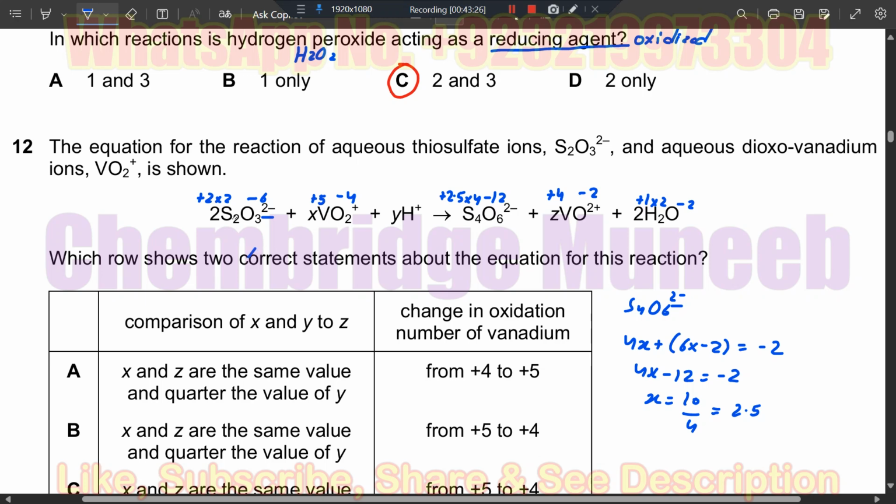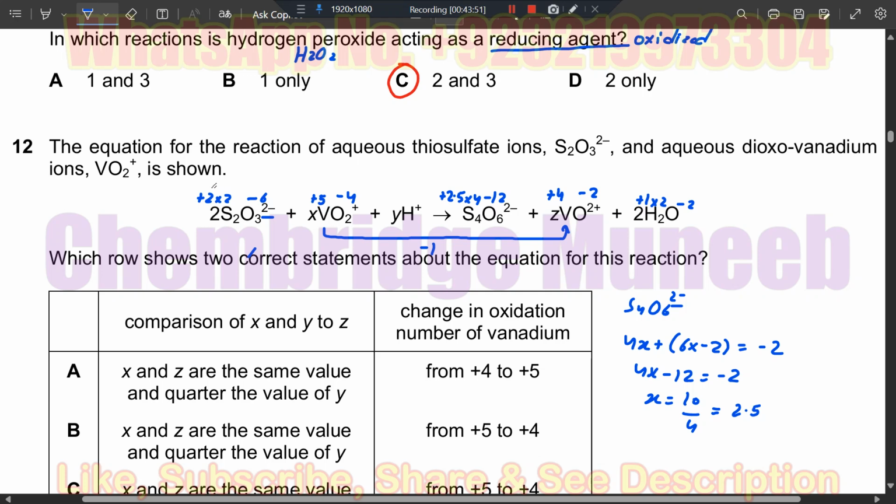Now we have to apply other rules as well, like we have to check where is the change in the oxidation number. So the change in the oxidation is from vanadium +5 to +4. It changes from +5 to +4, and the change is of -1. The change in oxidation number is -1 over here.